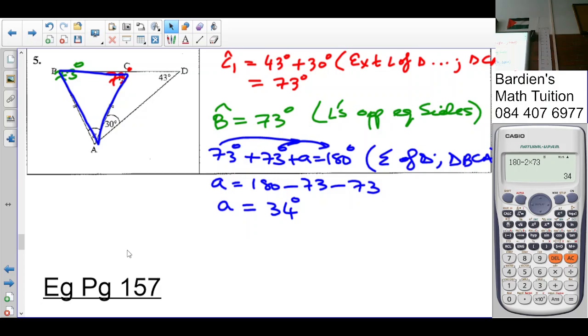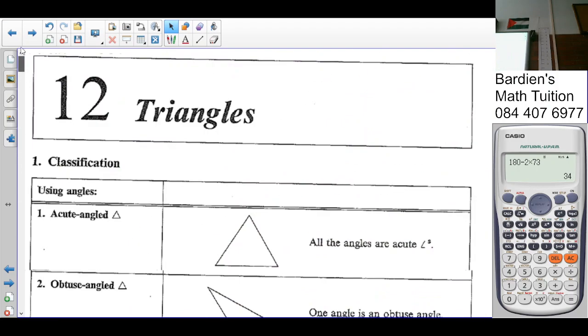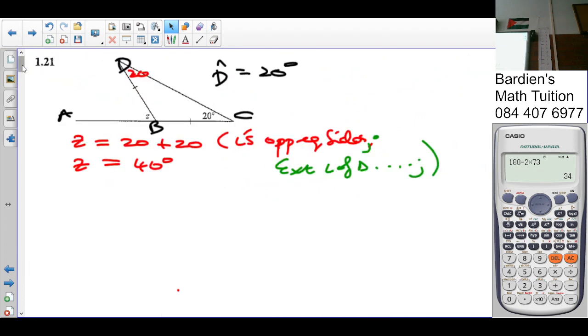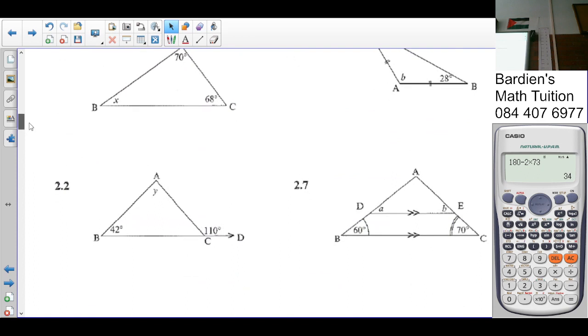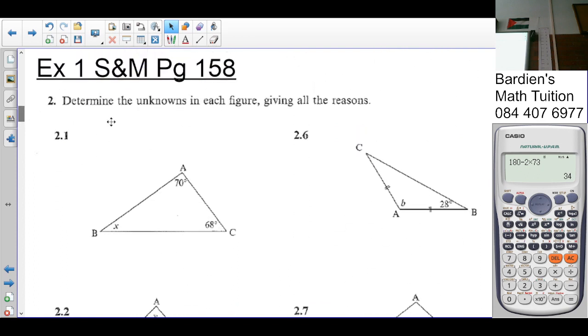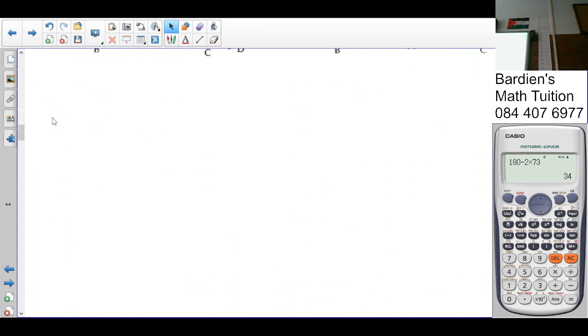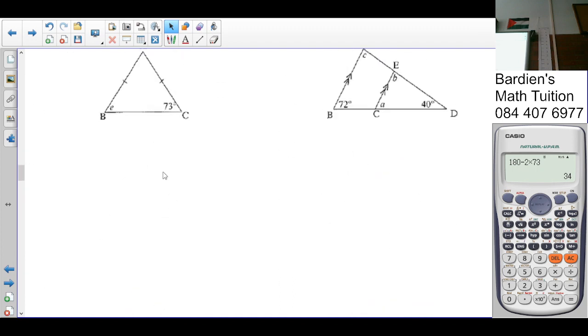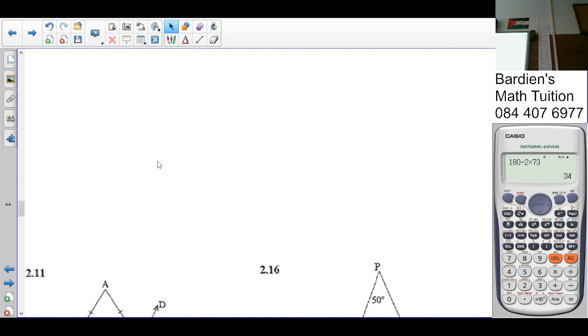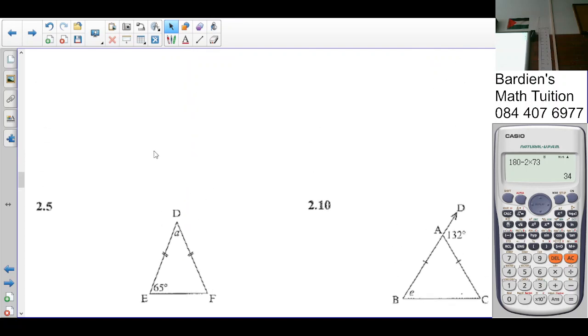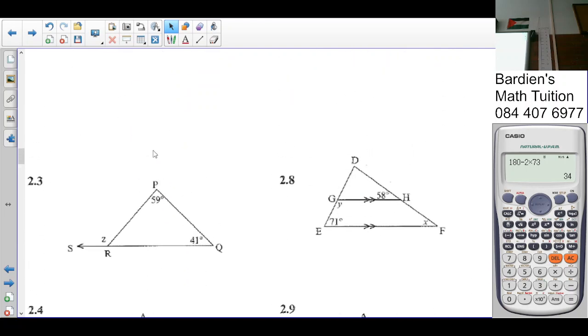Okay. So for homework, I would like you guys to do number 2. You can do 2.1 to 2.10.